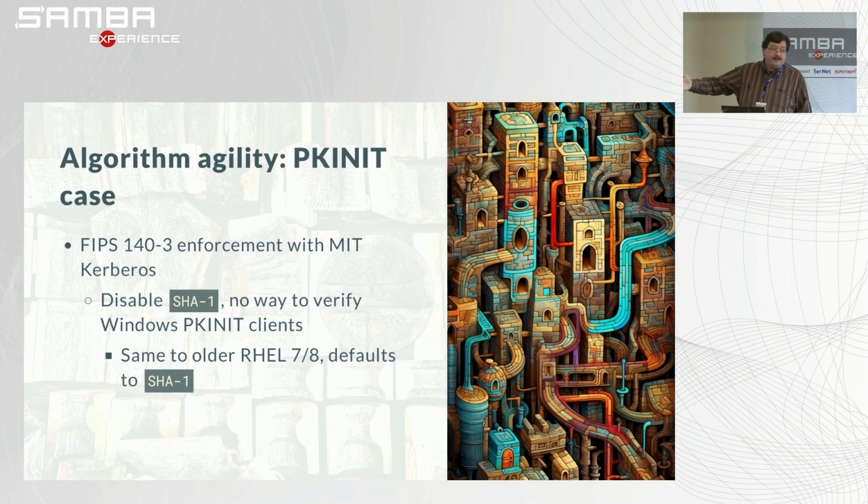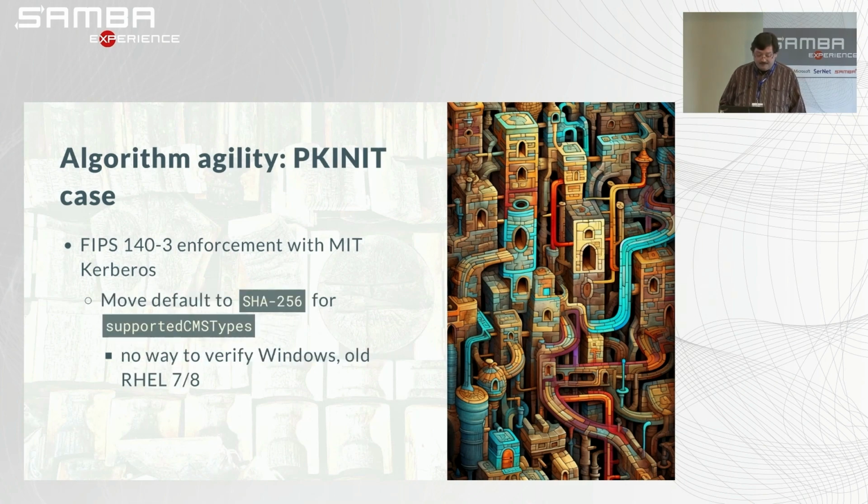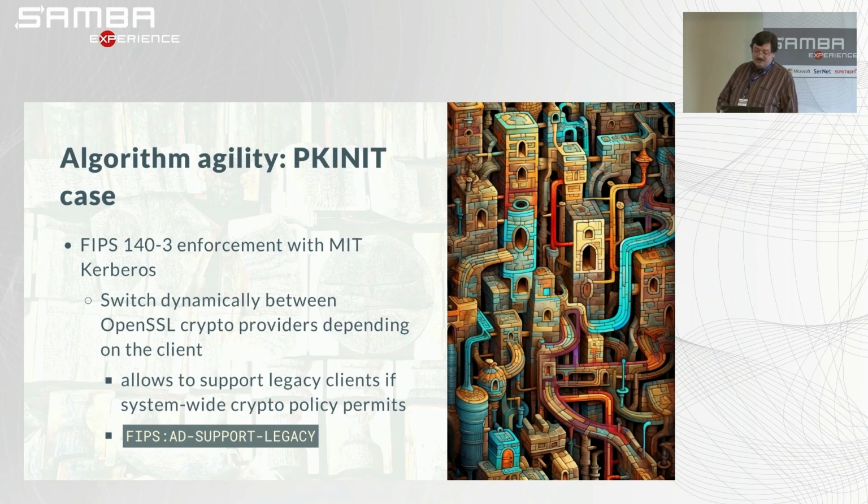So we had to backport a lot of stuff into RHEL 8 and RHEL 7 to add support for SHA-2 schemes and so on. The same with the defaults for supported CMS types. So we moved to SHA-256, but Windows does not work with this. So a lot of backporting after the fact, after you already have stuff in the compose and in the distribution.